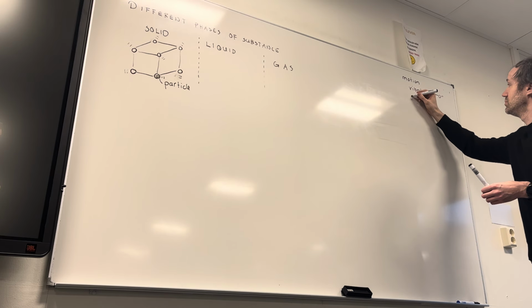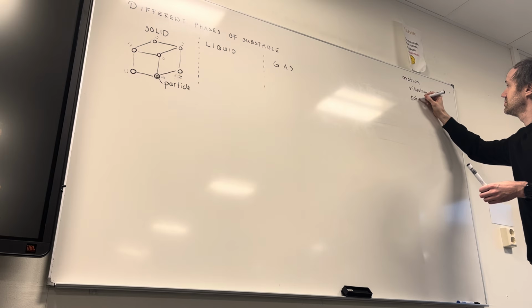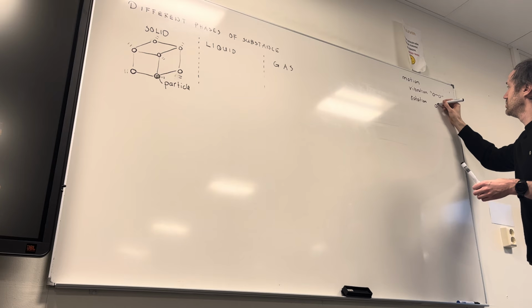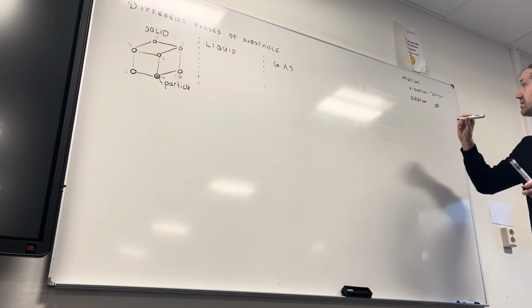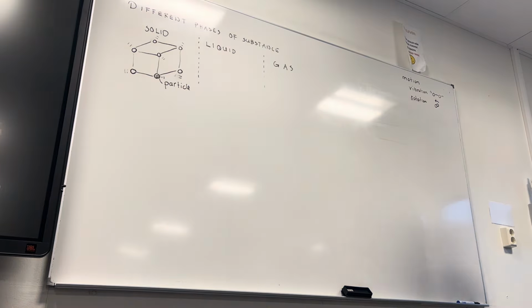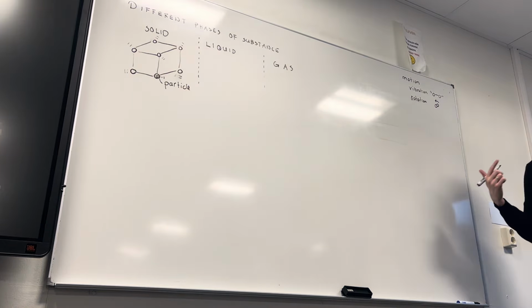I'm going to do rotation. Let's say we have a diatomic molecule that can rotate about its center. That's one type of motion.